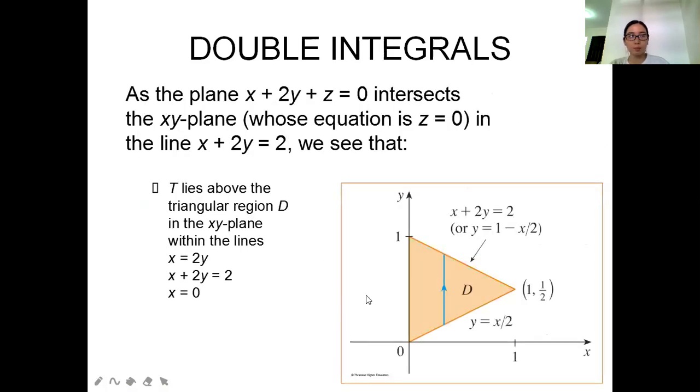As the plane x plus 2y plus z is equal to 2 intersects the xy plane, whose equation is z is equal to 0, in the line x plus 2y is equal to 2, we see that T lies above the triangular region D in the xy plane, within the lines x is equal to 2y, x plus 2y is equal to 2, and x is equal to 0.